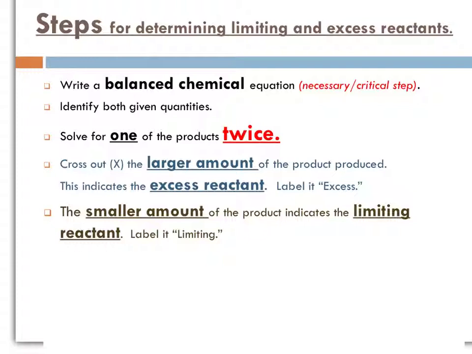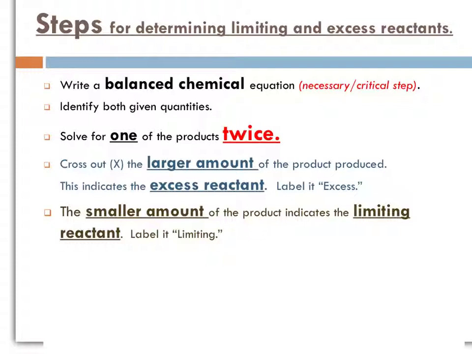The steps for determining the limiting and excess reactants are to start with a balanced chemical equation. This is critical. Without a balanced equation, the math will not work out. Identify both given quantities. We'll be solving two stoichiometry problems. For both of these, we choose the same product to be the endpoint.